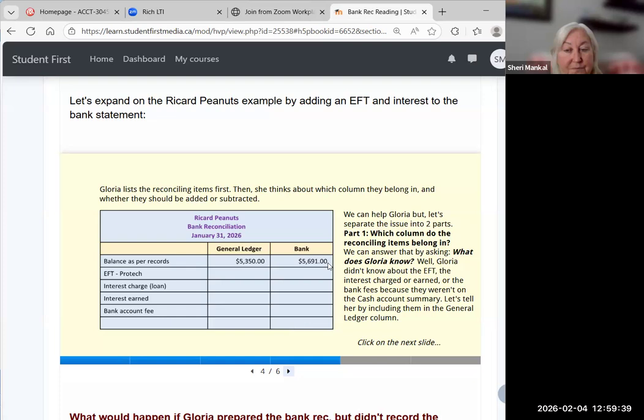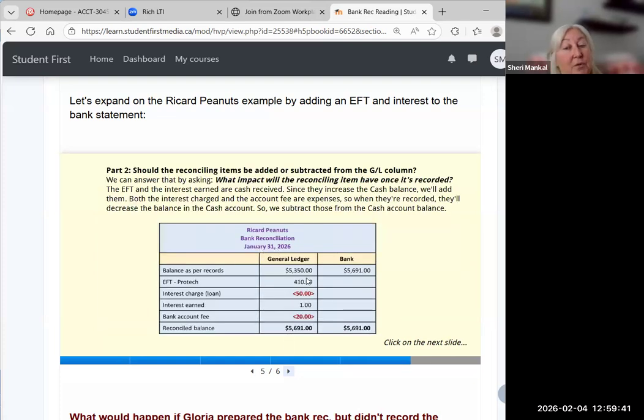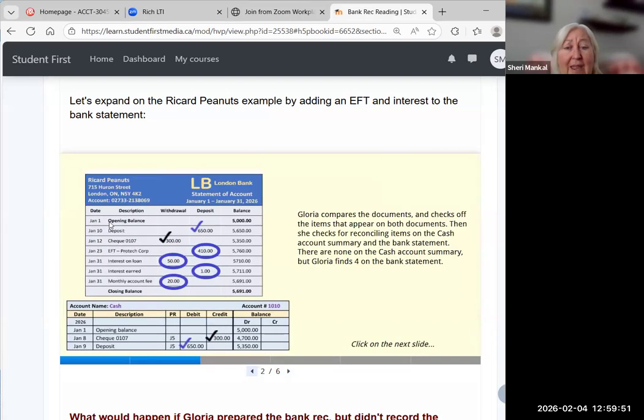So here we go. And how do we know whether we're going to add them or subtract them? Well, it's pretty easy. We're going to go back to that bank statement. If it was a deposit on the bank statement, we're going to add it to our cash account, so it's going to be a debit. So when it's a deposit, it's a debit, we're adding it to our cash account.